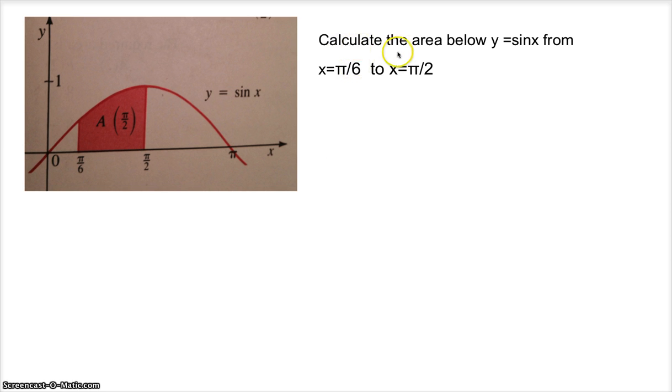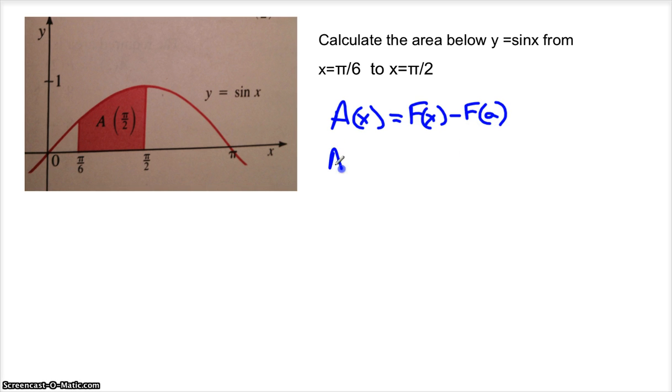Okay, we want to calculate the area below the sine graph from pi over 6 to pi over 2, and I have a diagram here. So I'm going to calculate the area of this region here using the formula A(x) equal to F(x) minus F(a).